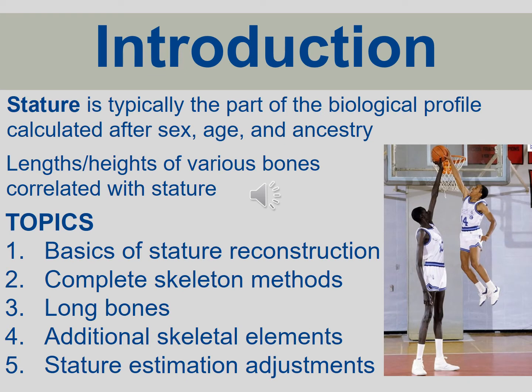Stature or living height is a typical part of the biological profile, again, because it's oftentimes reported, a variable that's oftentimes included in these types of correspondence. And it's oftentimes done after you find out age, sex, and ancestry. And this is because we know that there is variation in height based on binary sexes.